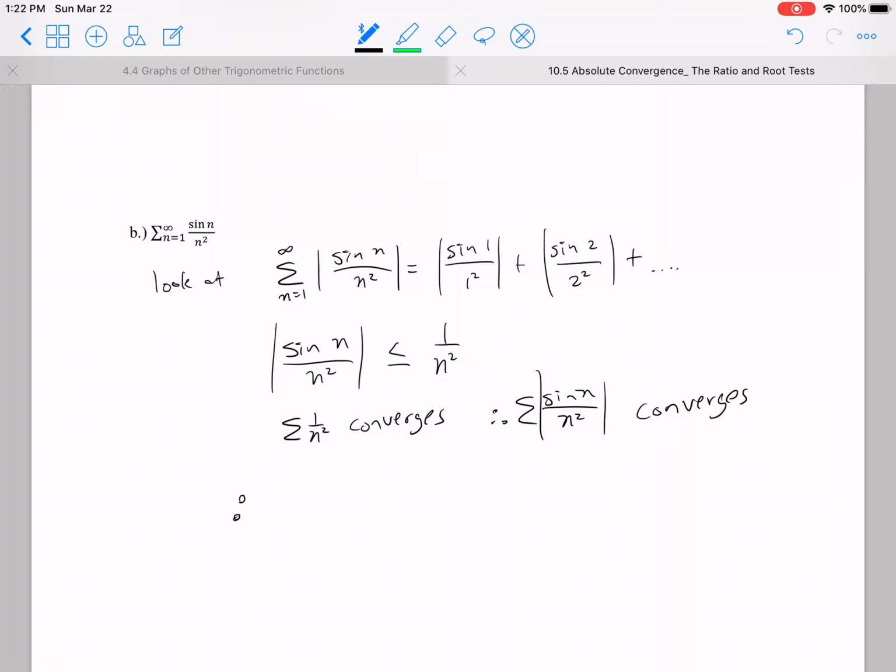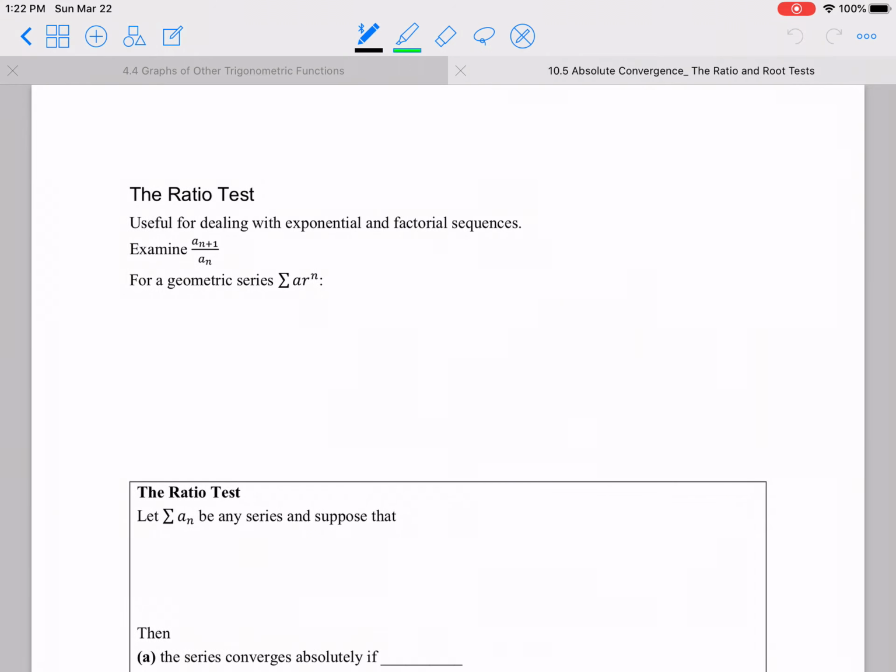Therefore, since that one converges, our sum of sine of n over n squared converges absolutely. Okay? So let's continue on. Let's take a look at some tests we can get from this.